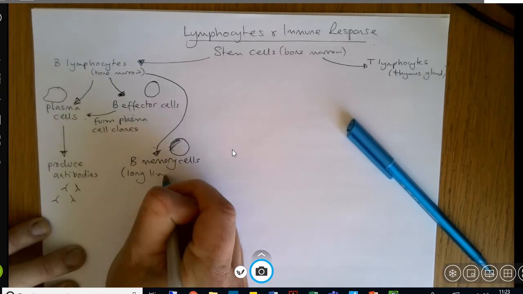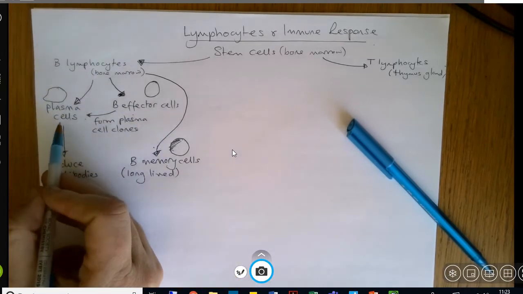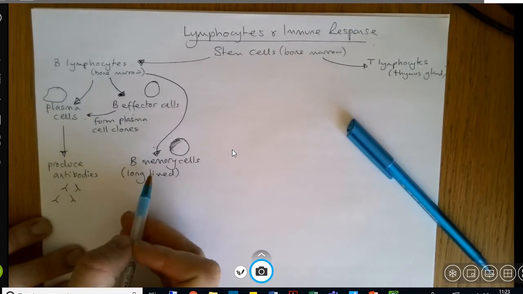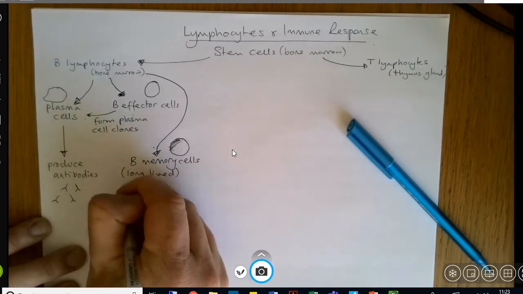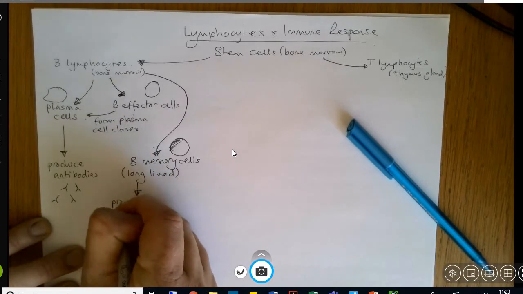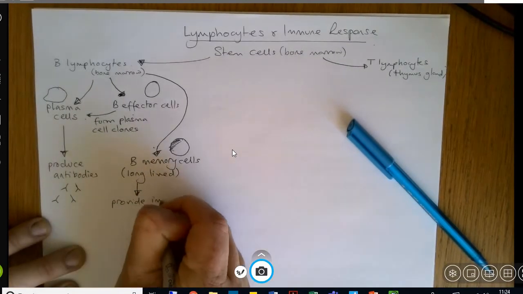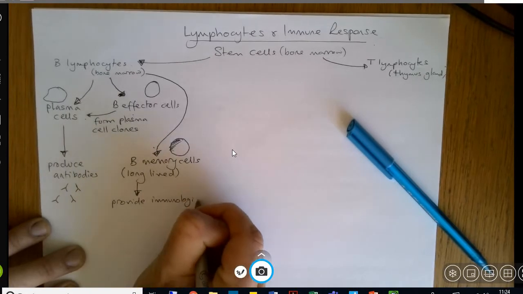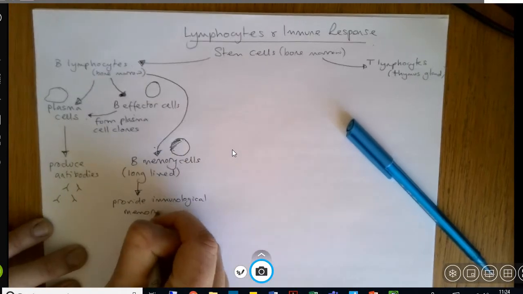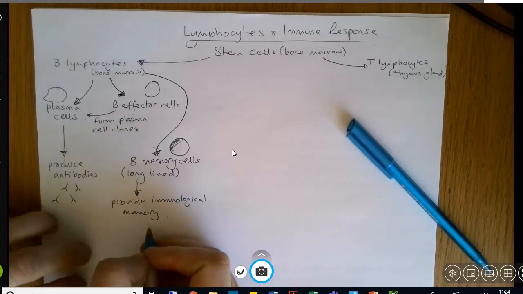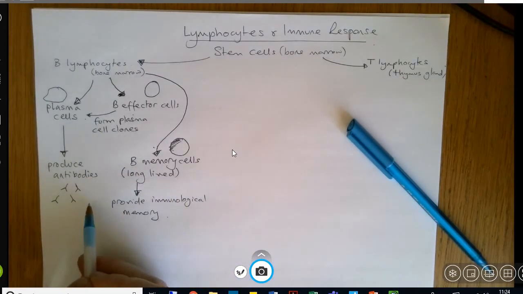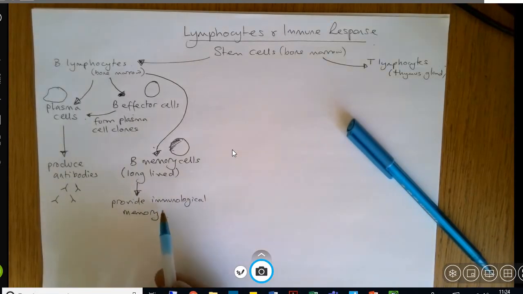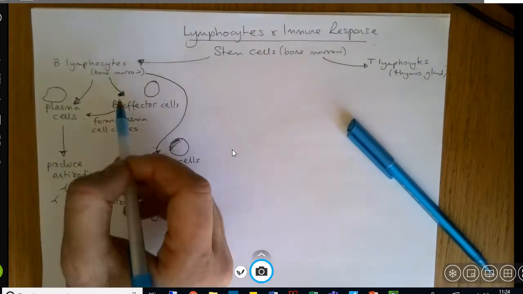Whereas these plasma cells last only a few days, these memory cells can last for many years, and they provide what we call immunological memory. They're programmed to remember specific antigens. They enable your body to make a very rapid response when that antigen is encountered again. So these are the B lymphocytes.